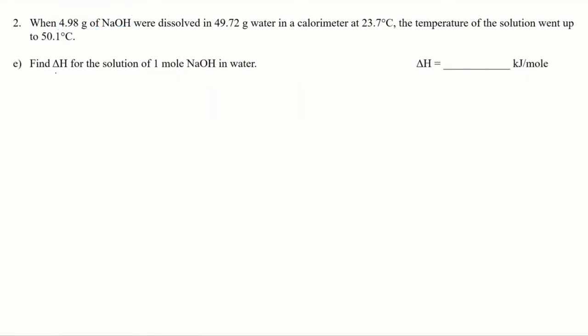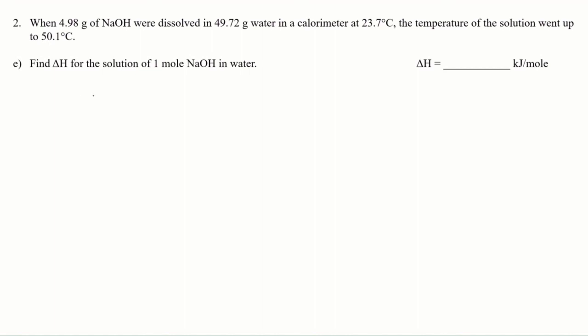Part E. Find delta H for the solution of 1 mole of sodium hydroxide in water. This is a continuation from part D, where we found the delta H of the solution of 1 gram of sodium hydroxide. So what we have to do is take the answer that we obtained in part D and convert it from change in enthalpy of kilojoules per gram of sodium hydroxide to kilojoules per mole of sodium hydroxide.